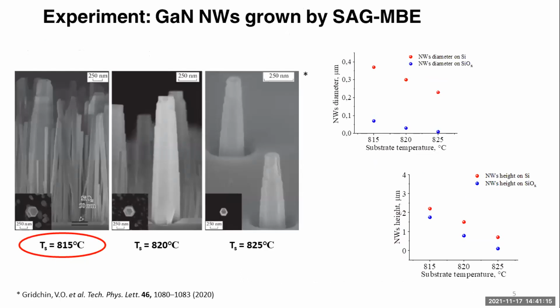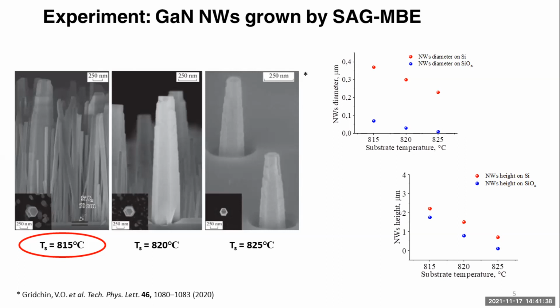This slide shows typical SEM images of gallium nitride nanowire arrays synthesized on patterned silicon oxide on silicon substrates at different substrate temperatures.